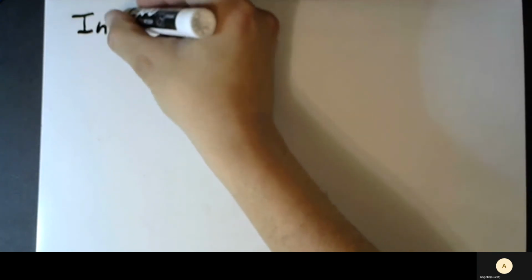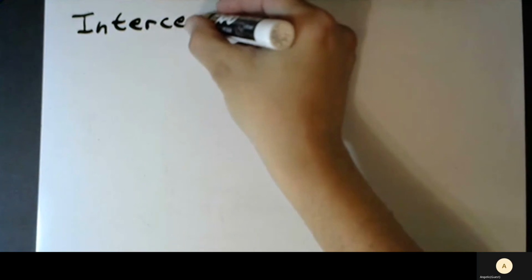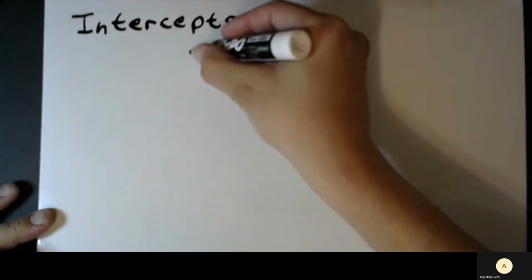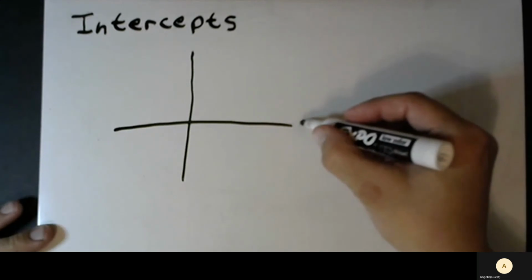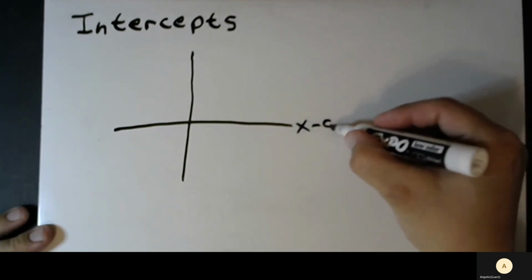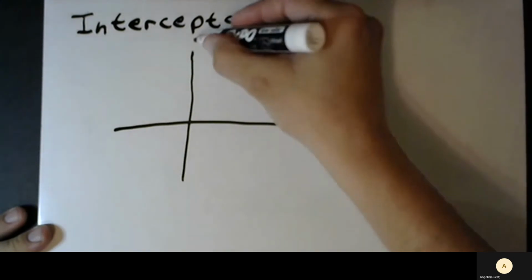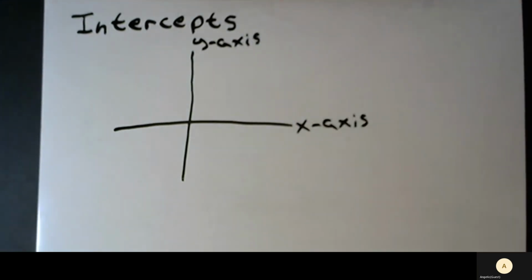So what I'm going to talk about now are intercepts. You have 2 types of intercepts, an x-intercept and a y-intercept. Now we have our x-axis, that's our horizontal axis, and we have our y-axis, or the vertical axis.